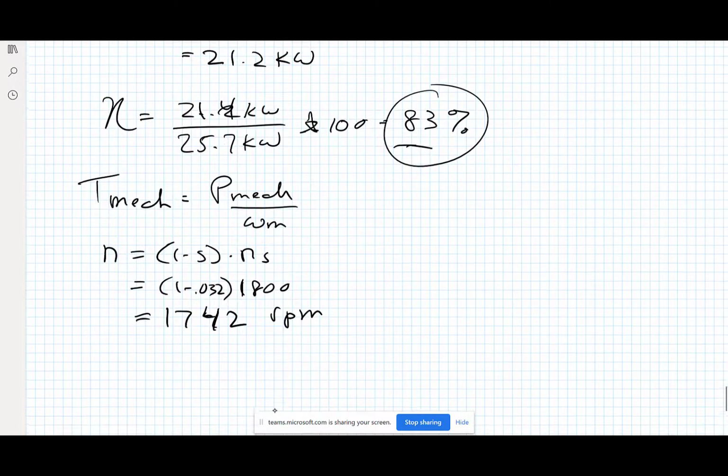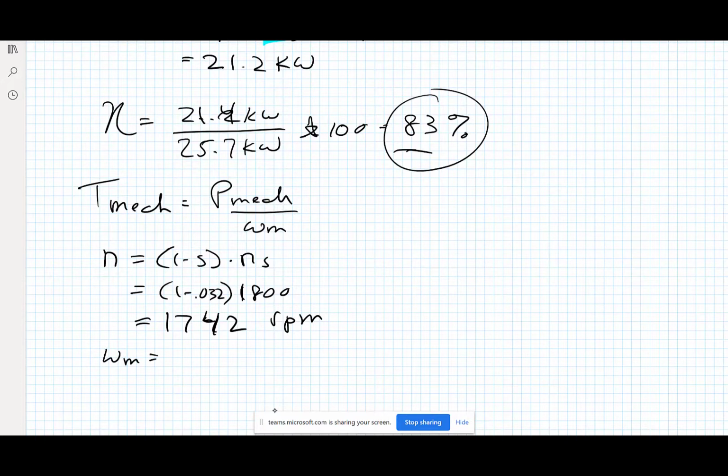Now I can convert this to mechanical speed. It's going to be 1742 times pi over 30, which is 182.4 radians per second.